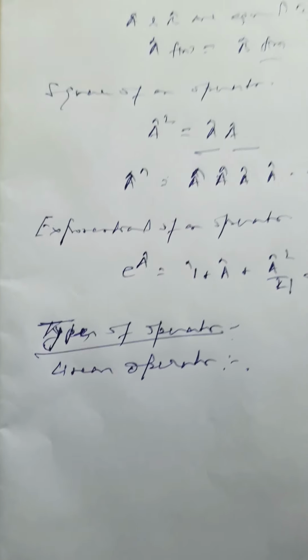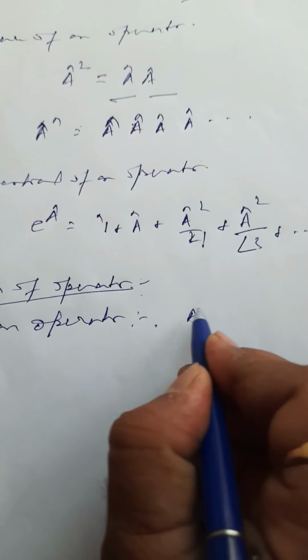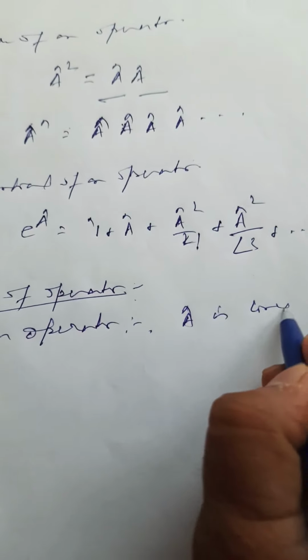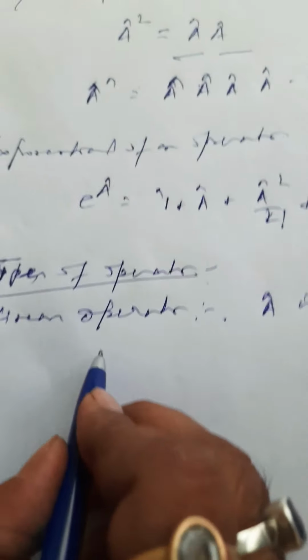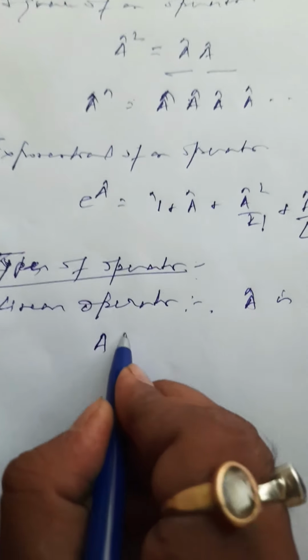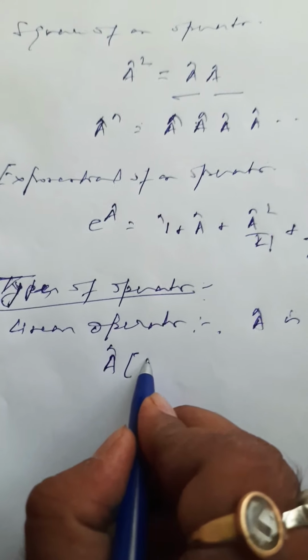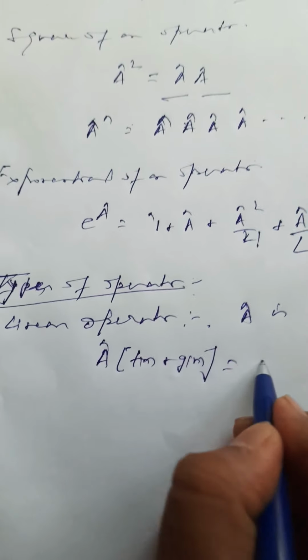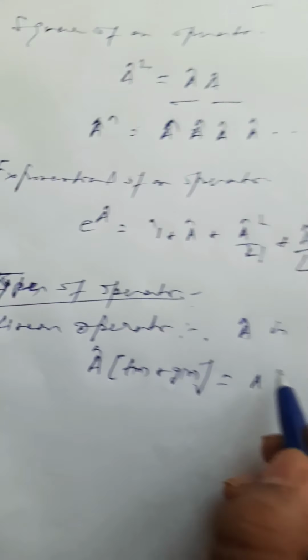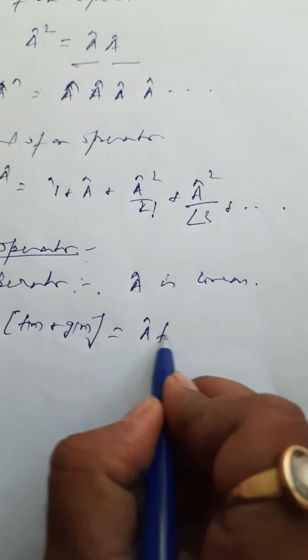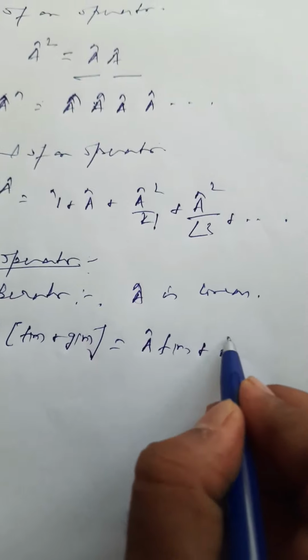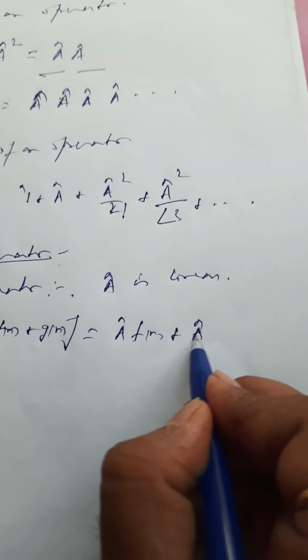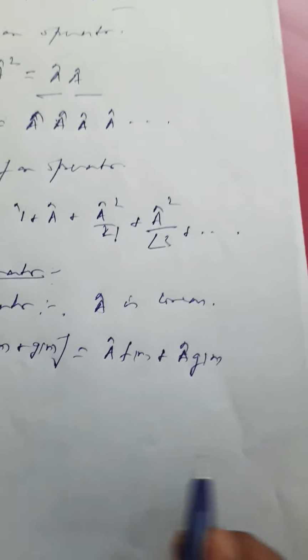An operator A is linear if it follows this condition: operator A operating on f(x) plus g(x) gives you operator A on f(x) plus operator A on g(x).